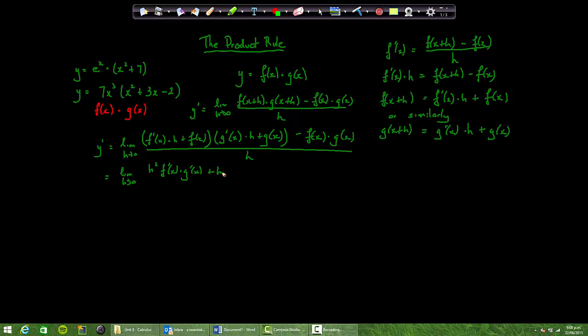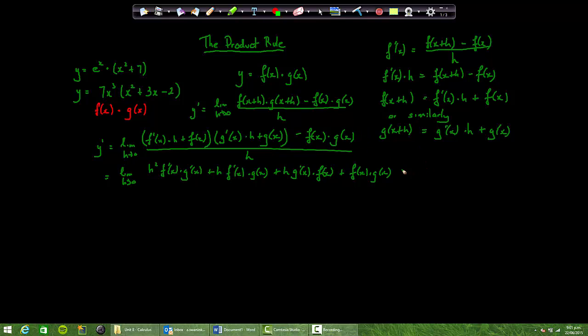Now this one times this: once again, put the h first, and g dash x times f(x) would be the other parts, and then that times that would be f(x) times g(x). So that's expanding out that pair of brackets.